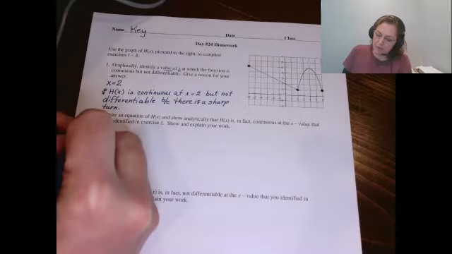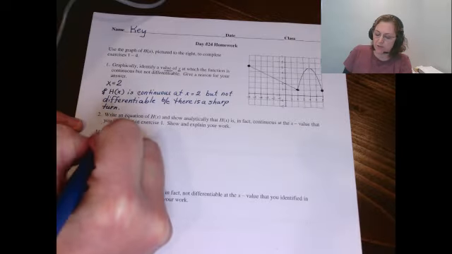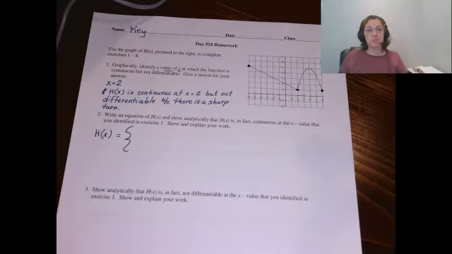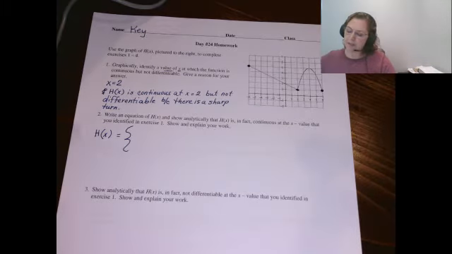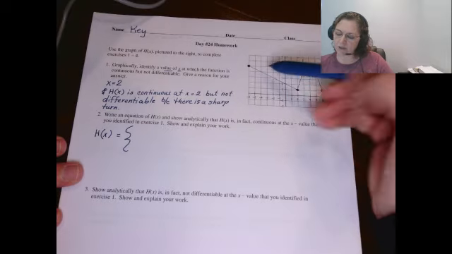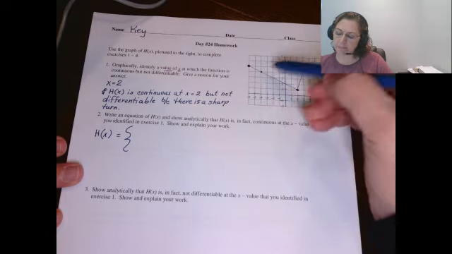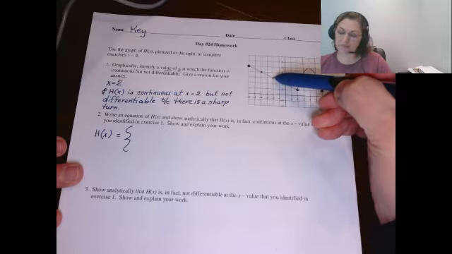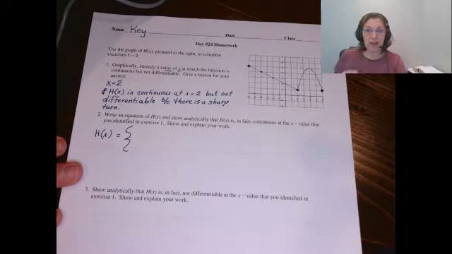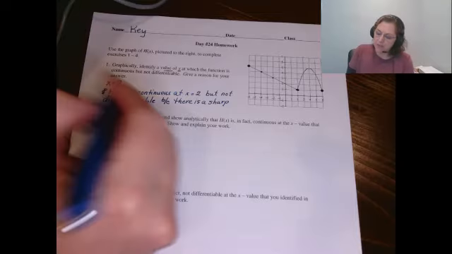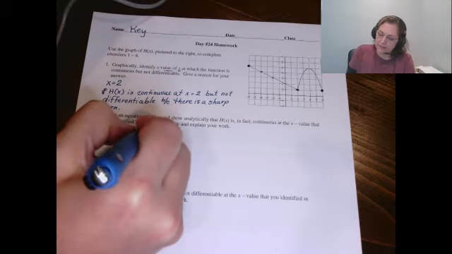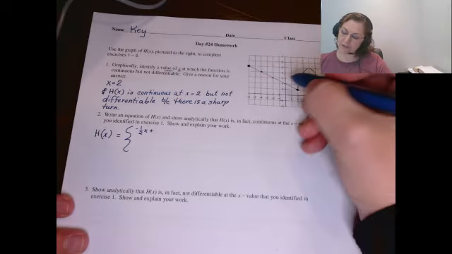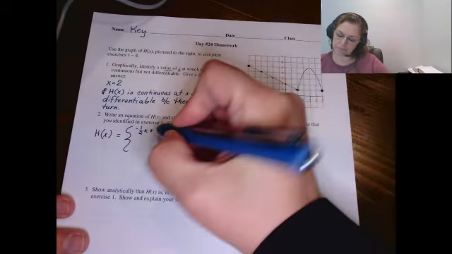So let's begin by writing a piecewise function for h of x. Now, the first piece is pretty easy because we see that it's a line. Let's try to calculate the slope. I'm going to start here with this point, and it looks like we go down 1, right 2. That means I've got a slope of negative 1/2. So I've got negative 1/2 x plus, and then my y-intercept for this piece is at 2.